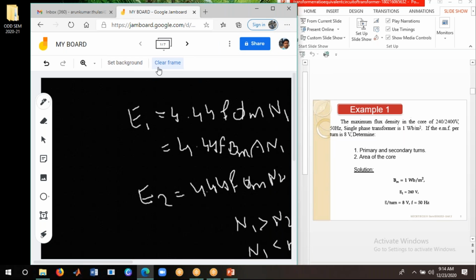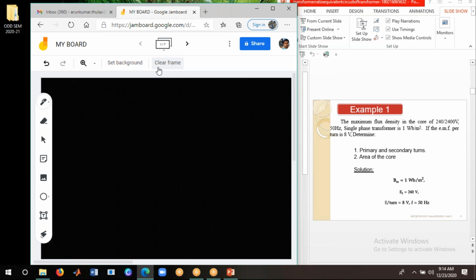See this example: the maximum flux density in the core of a 240/2400 volts, 50 Hz single phase transformer is 1 Weber per meter square. If the EMF per turn is 8 volts, determine the primary and secondary turns and the area of the core. So how can we determine this value?